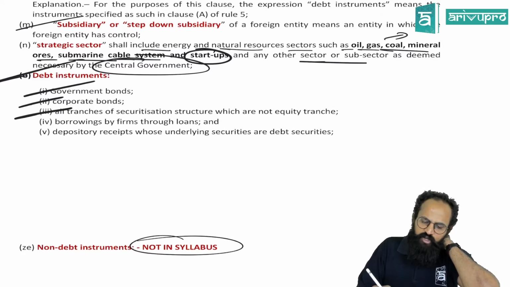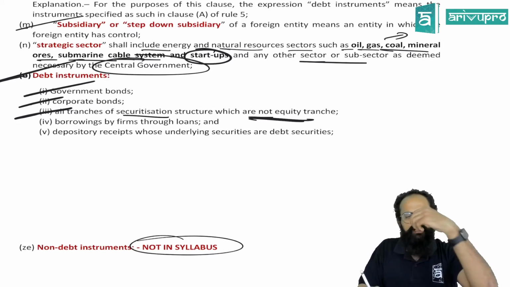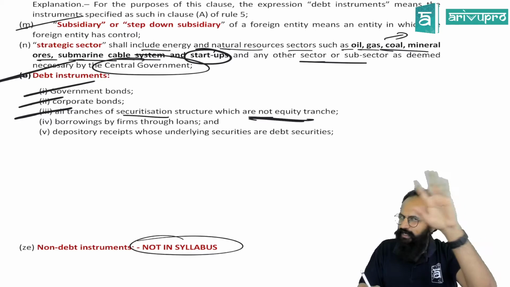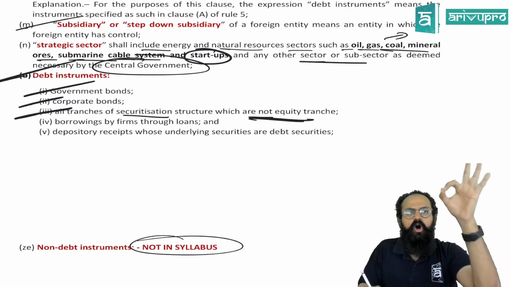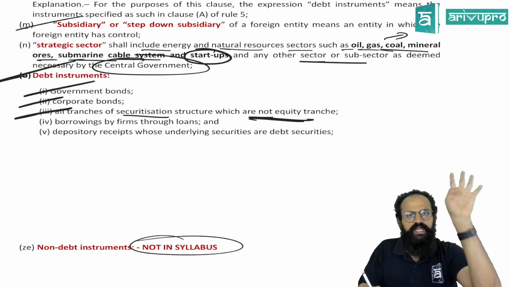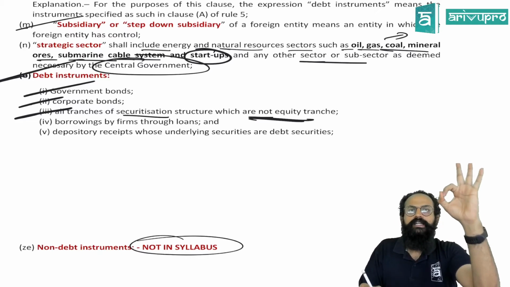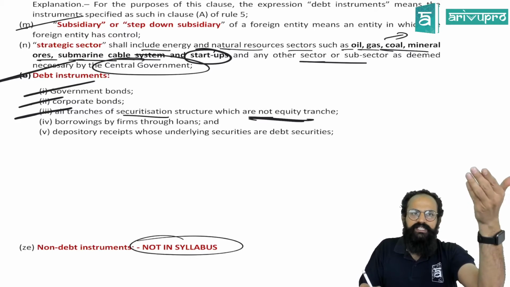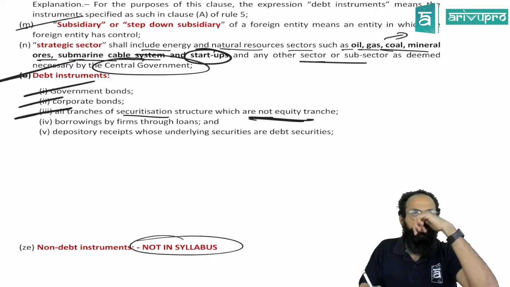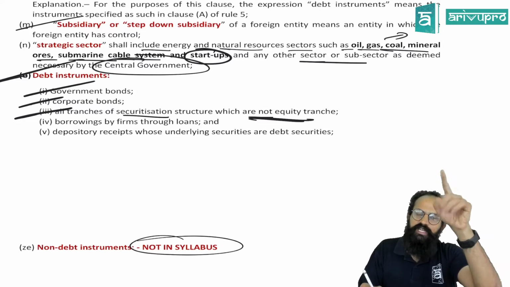All tranches of securitization structure which are not equity tranche. For you guys, this is not important, so do not go in detail. Just remember it as all tranches of securitization structure which are not equity tranche.